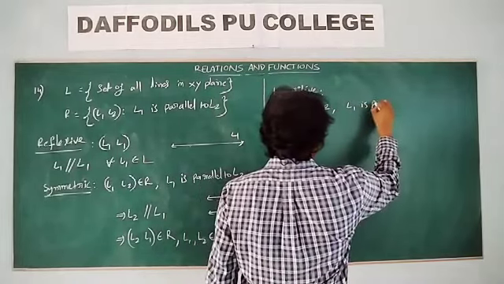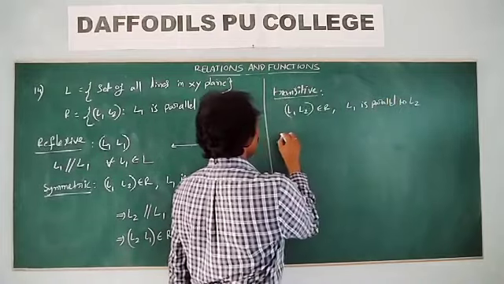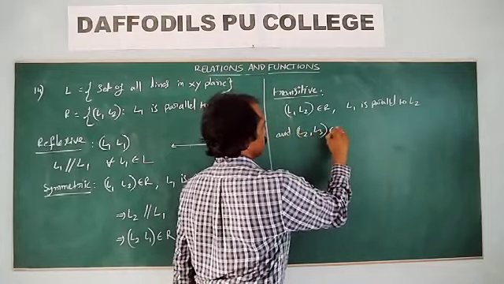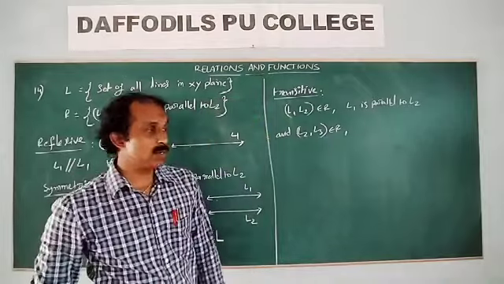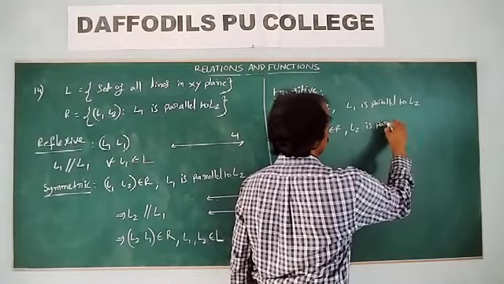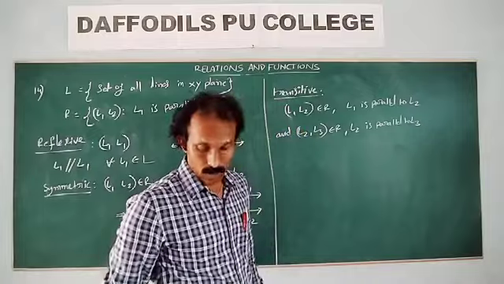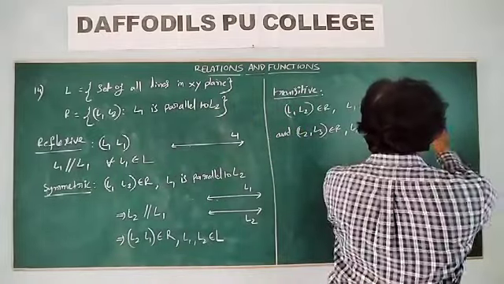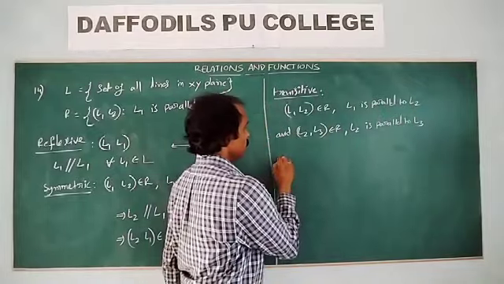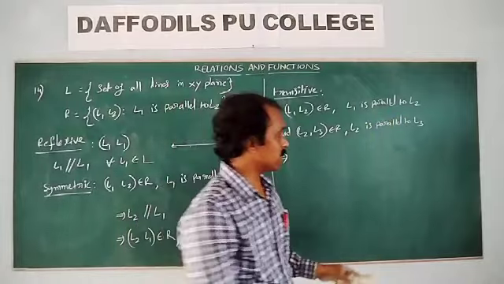L1 is parallel to L2, and L2 comma L3 belongs to R. What is the meaning? L2 is parallel to L3. L2 is parallel to L3.